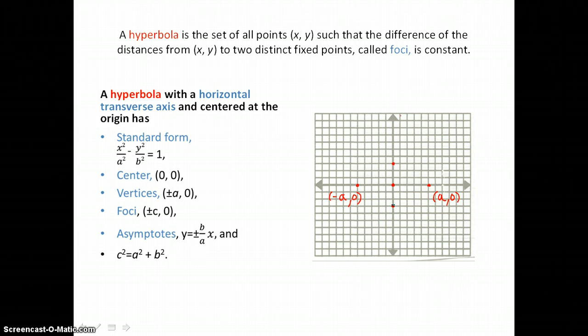These points and that axis perpendicular to the transverse axis have no special name, but they do help us build a box through those points and the vertices, and we can use this box to locate the asymptotes of the hyperbola. The asymptotes travel through the corners of this box. There are two asymptotes that travel through the corners of the box and through the center of the hyperbola.